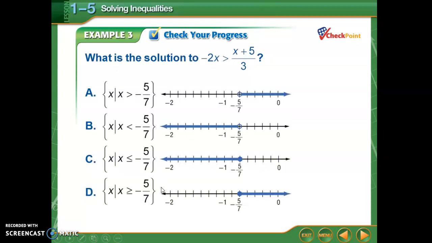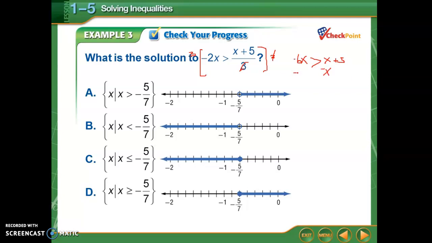All right, try this one, guys. Check your progress. So what we will do here, we're going to multiply both sides by 3. Let's get rid of 3. So that gives you negative 6x greater than, and then this 3 will go away. So bring down x plus 5. Okay, then we're going to combine our x's together.